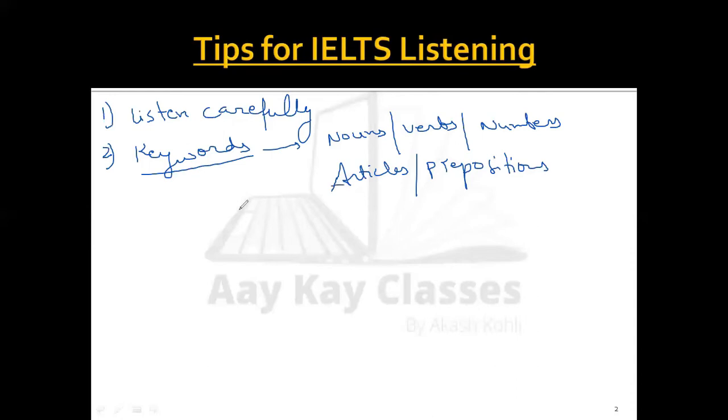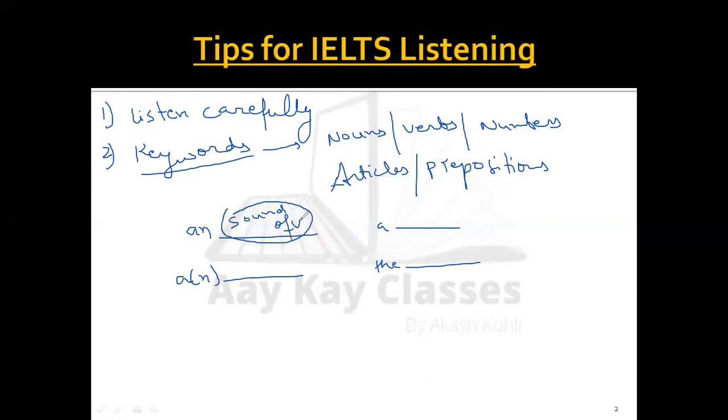See, for example, there is a blank like this, and before that there is only an. Sometimes they'll write it like this, but most of the times if they write a dash or the dash or an dash, of course we know that here the word would contain the sound of a vowel, right?